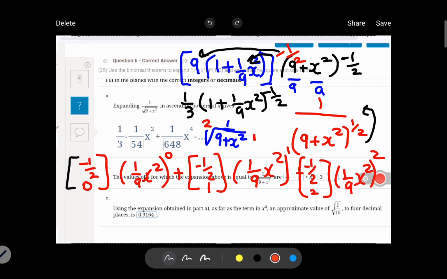Okay, now we stop here because 2 times 2 will give you 4, and here it's 4. Okay, now we have to expand it like this.